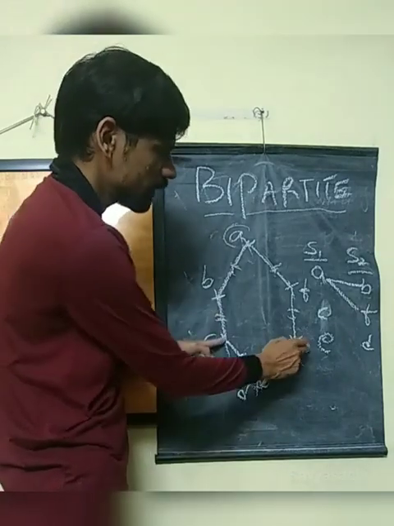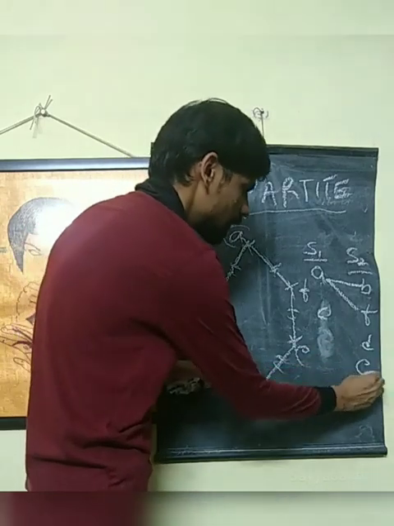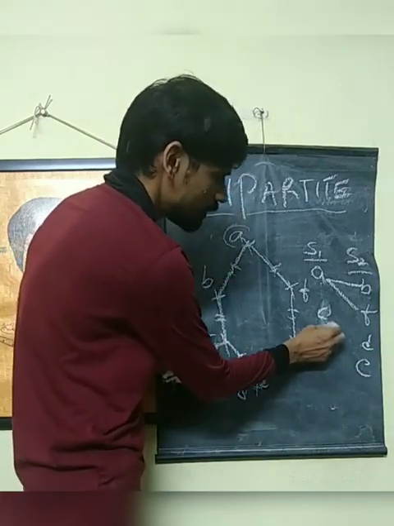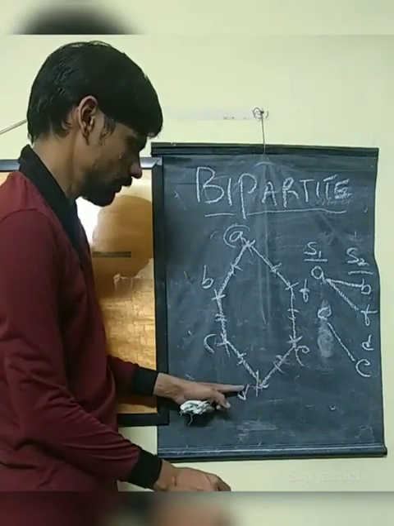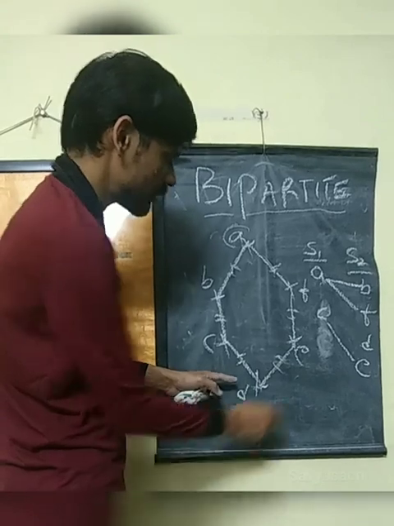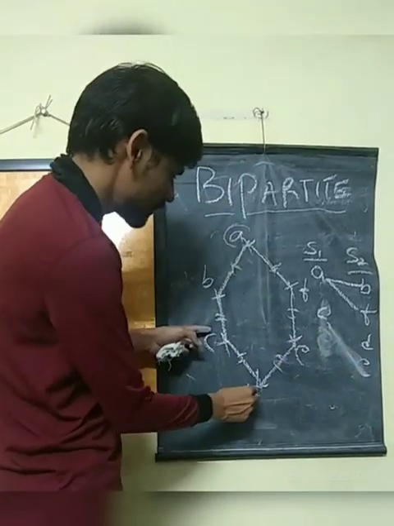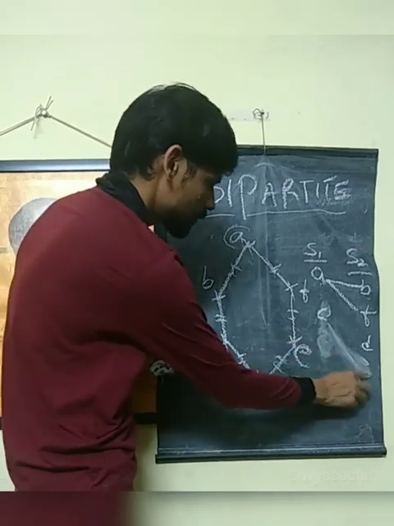CE, C, where is E? Oh, okay, E also doesn't come here. So if it is C, it should be made CE. Where is E? Sorry. This is D, this is E. There is no connection between them.